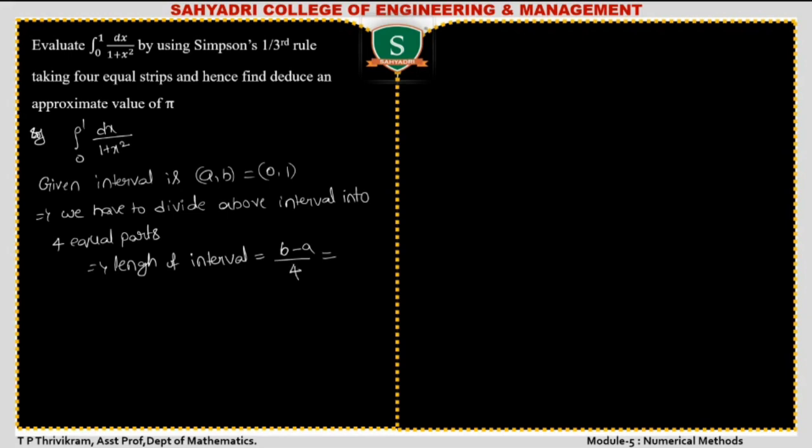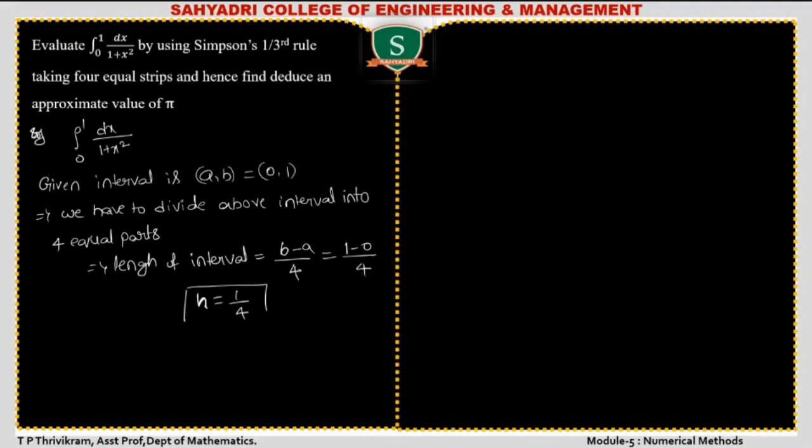Because he has asked us to divide this into four equal parts, that is 1 minus 0 divided by 4. So the length of the interval h is 1 by 4.